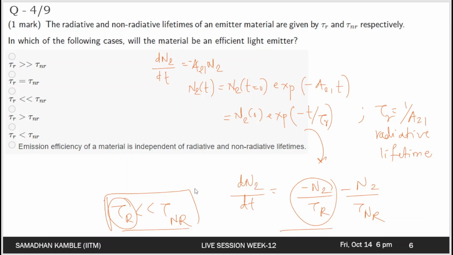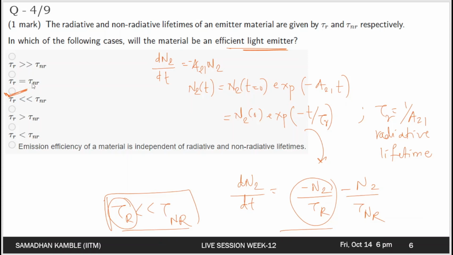If you consider the other scenario where tau r is much greater than tau nr, it means it takes more time for electrons to emit a photon, but before that they will non-radiatively decay into phonons. That is not what we want. For the material to become an efficient emitter, we want the radiative lifetime to be much less than the non-radiative lifetime.